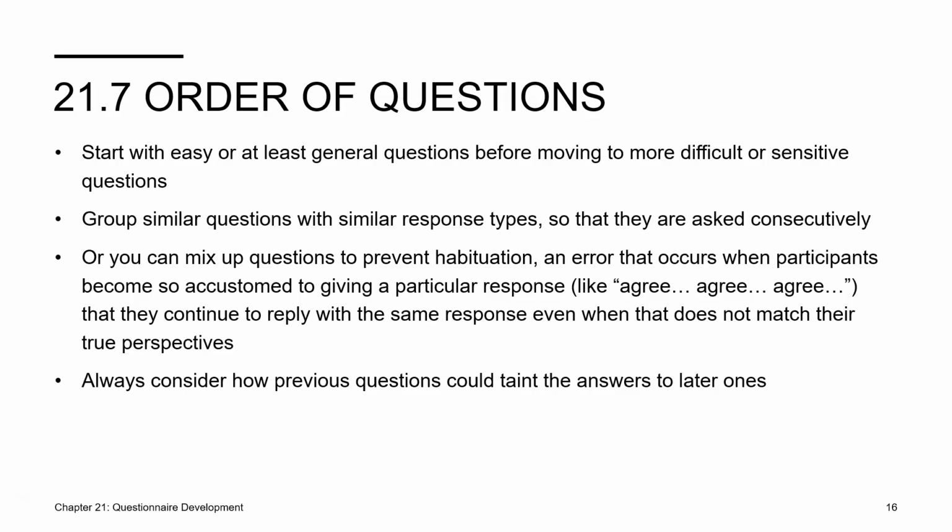Now, if you switch the scale within those questions, some people do that on purpose because they want people to actually read the question, but they don't end up reading it, and so they give you a wrong response. So, it really just depends.